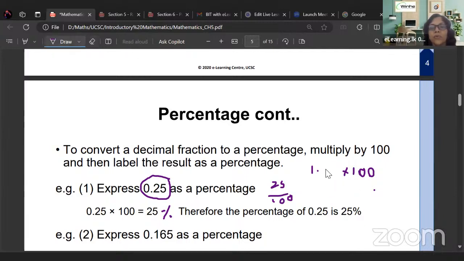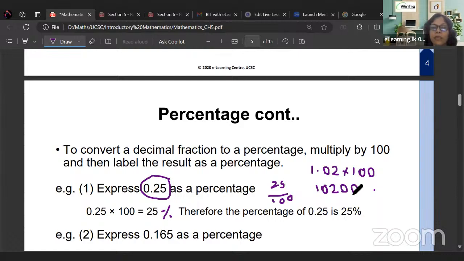Right. If it is 1.02, then form the equation. What is the answer? Again, do the same thing. Write down the number 102 and add 2 zeros at the end.